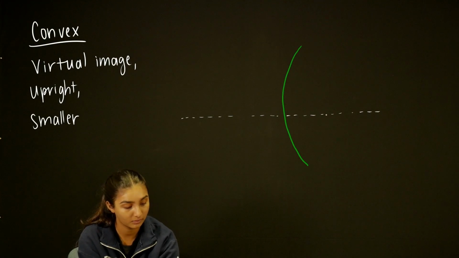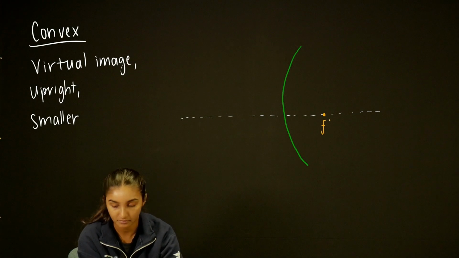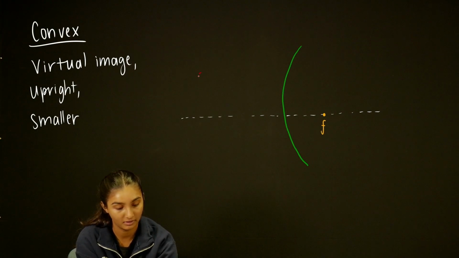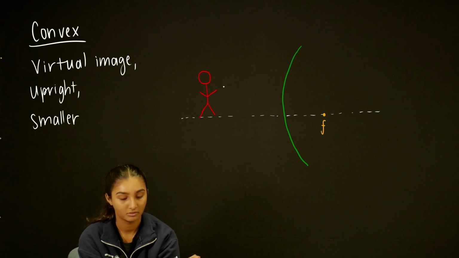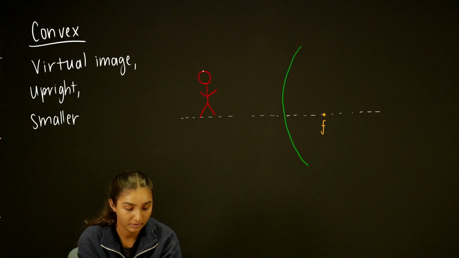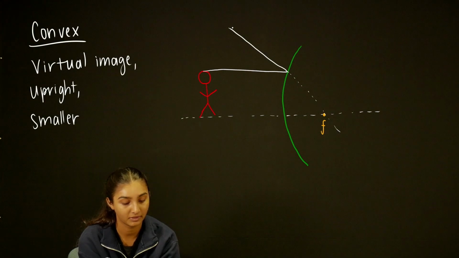So here we have our focal point, and our person. When we draw our parallel line, it's going to reflect, but it goes through the focal point. So it's going through the focal point on the other side, and it reflects this way.